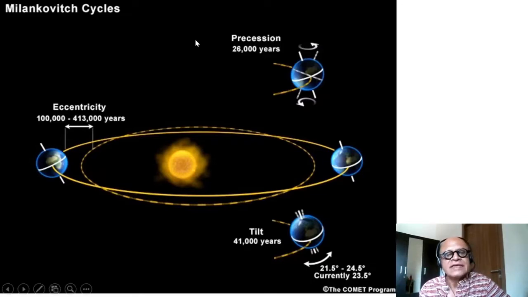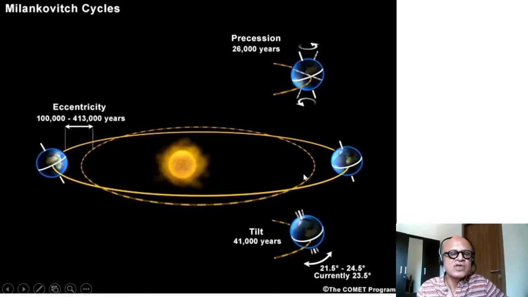Altogether, the net amount of annual radiation received is not going to change much by these changes in precession and tilt and eccentricity. Eccentricity change is too small, even though the distance changes, but eccentricity tends to modify the precession and give you time scales.